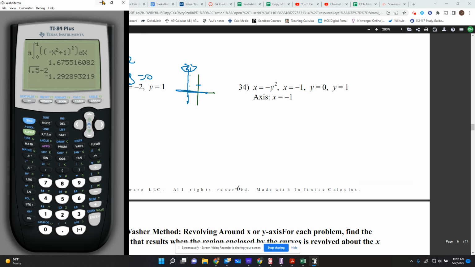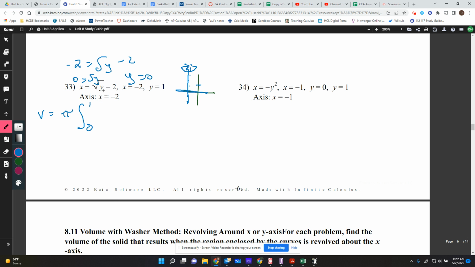I don't care what it is. I just know that it's bigger than this. So I'm going to say square root of y minus 2 minus -2, all of that squared. And this time, since we're in terms of y, it's dy. So that just tells me that this graph is further to the right of this line.